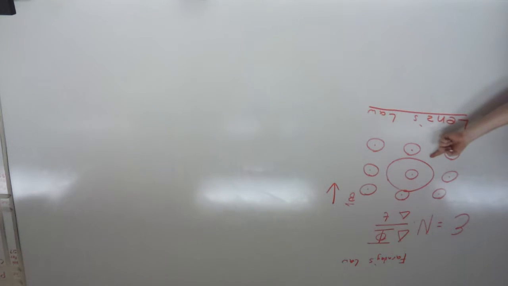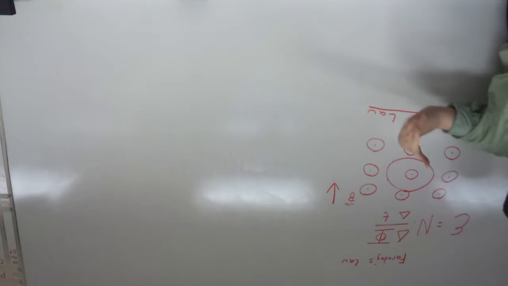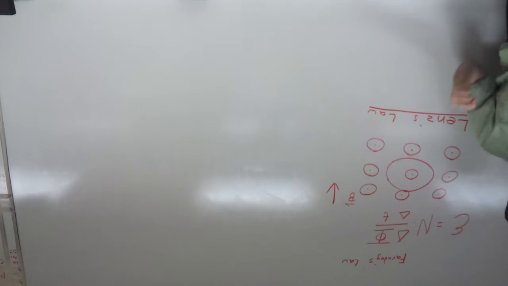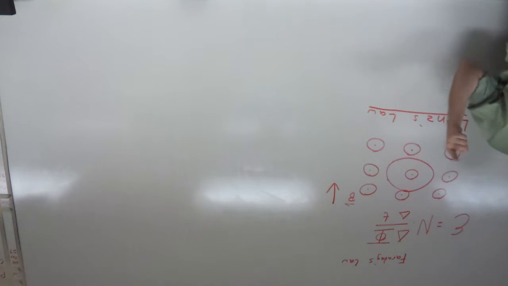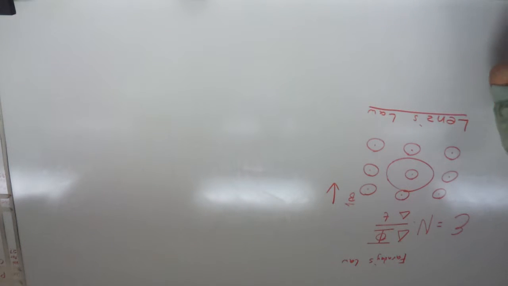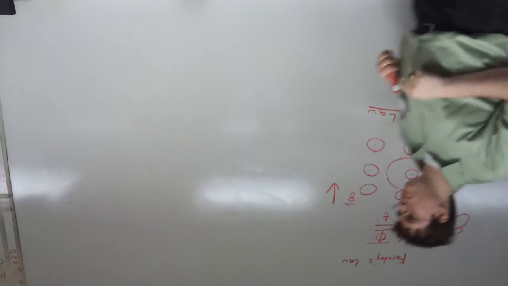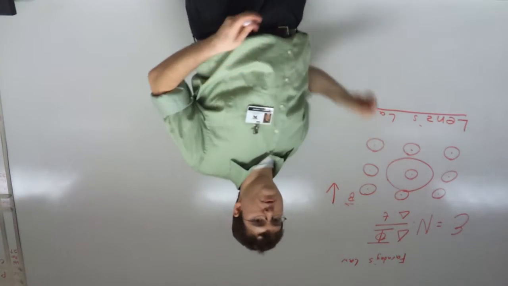Okay? Loop doesn't like that. Loop was happy with his magnetic field. So what Loop is going to do is create a current that will try and increase that magnetic field again. Okay? How's that going to happen? Well, look at your right-hand rule. I'm trying to increase the flux through the loop.